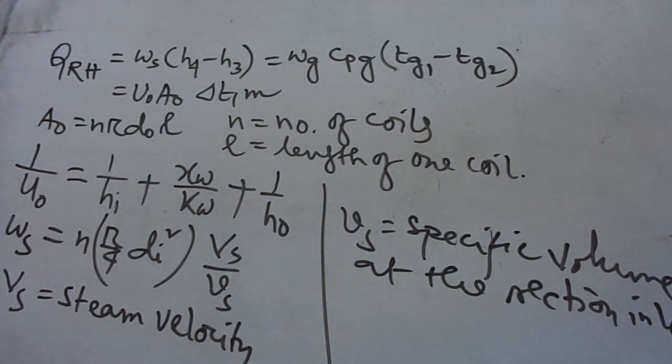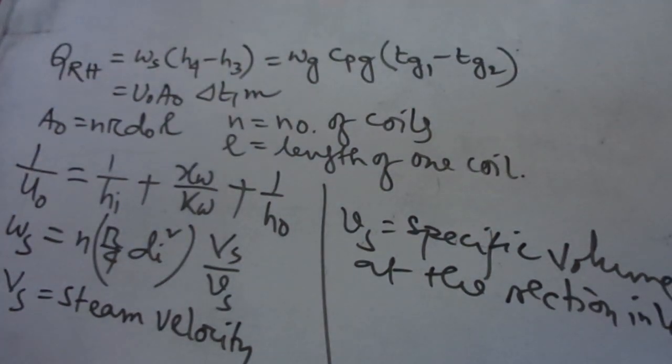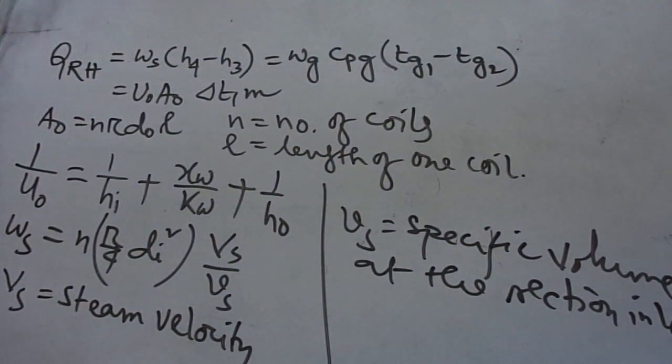Then this is the reheater. The reheater is usually located above the primary or convective superheater in the convective zone of the utility boiler.